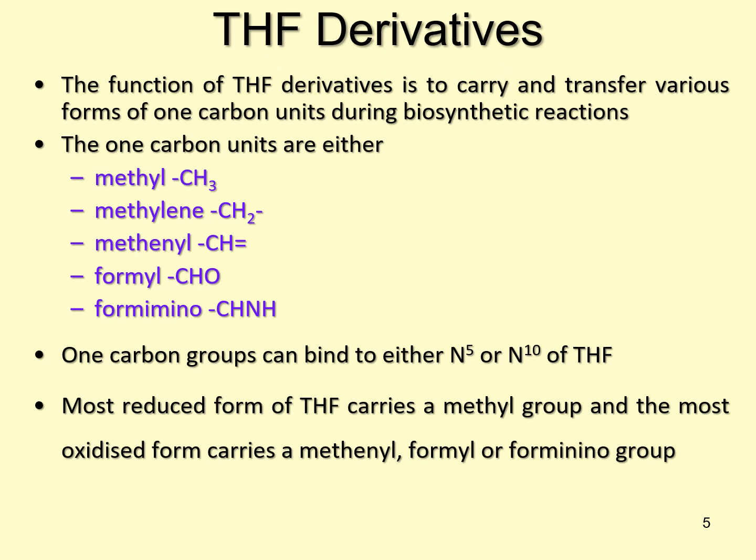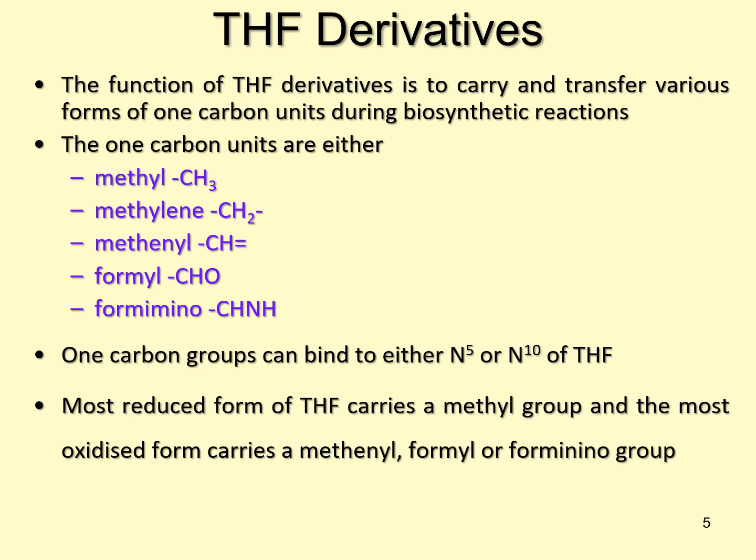The function of these tetrahydrofolate derivatives is to carry and transfer various forms of one carbon unit during biosynthetic reactions. This one carbon unit is either methyl, methylene, or formyl, as well as formimino, and the one carbon group can bind to either N5 or N10 of the tetrahydrofolate structure.